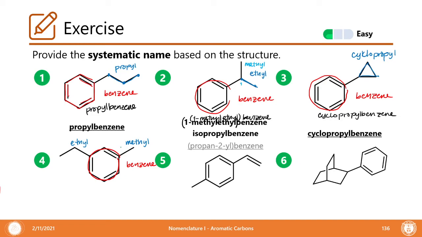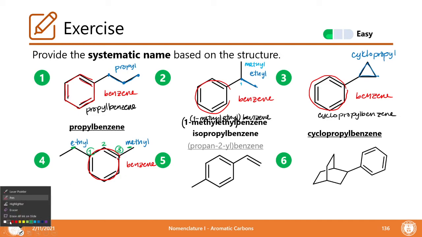But remember, on our very first naming exercises, in this extreme case, we have to choose based on alphabetization of the substituent. So we have E versus M. E comes before M in the alphabet, so 1, 2, and then 3.